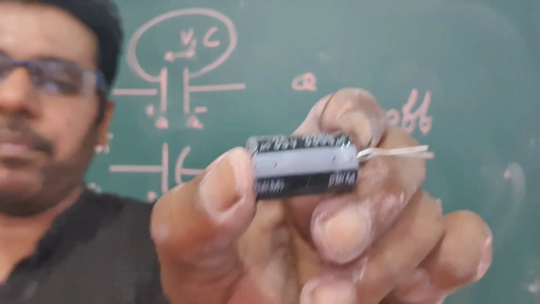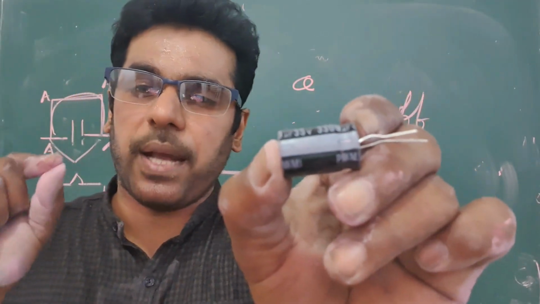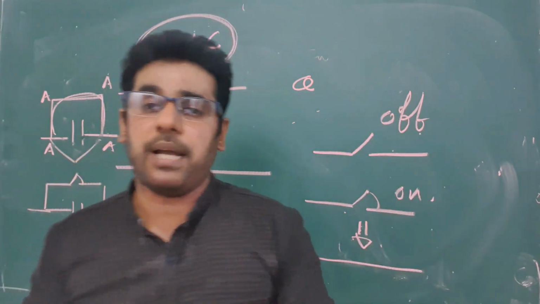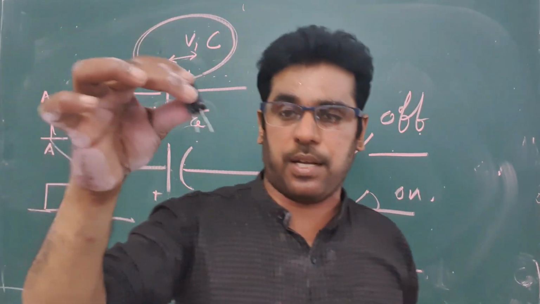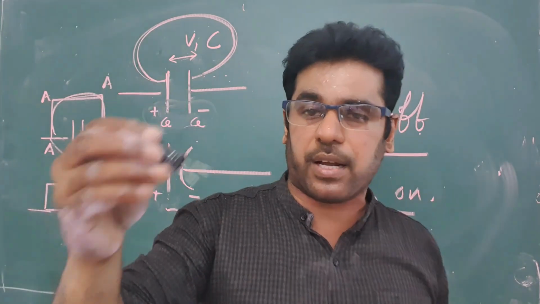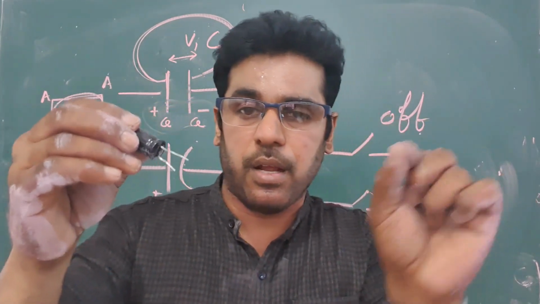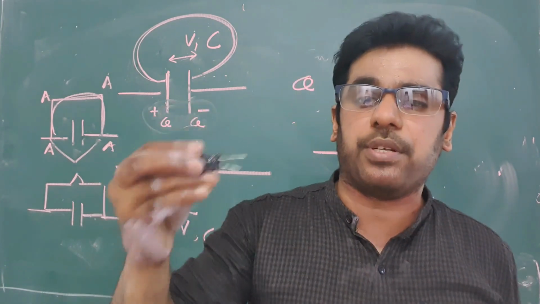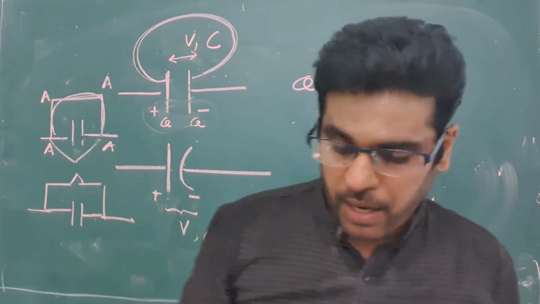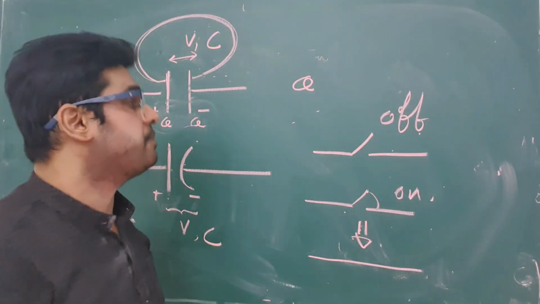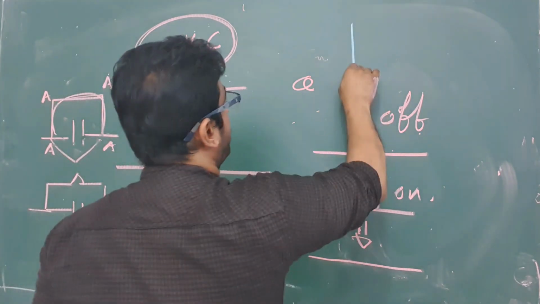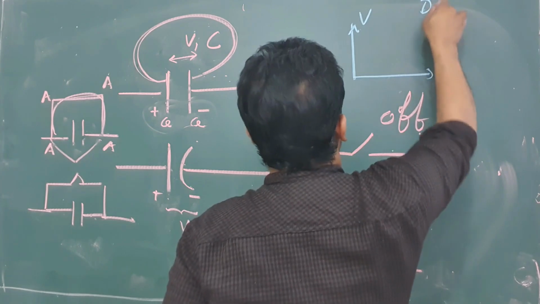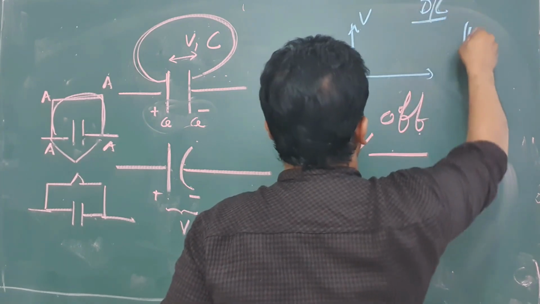Now I told you that the capacitor has plus and minus. But when you buy this at the market, it has no charge. If you want to charge this one, you have to connect plus to plus and minus to minus using a battery. Always a battery generates DC current. DC means direct current, and it is generated by the battery.